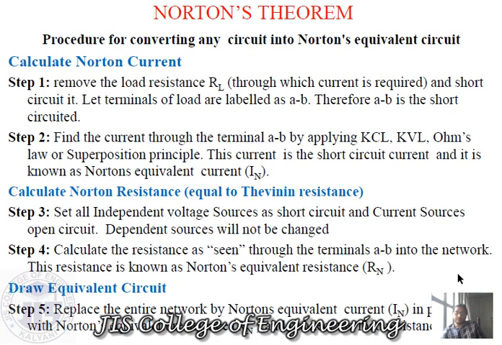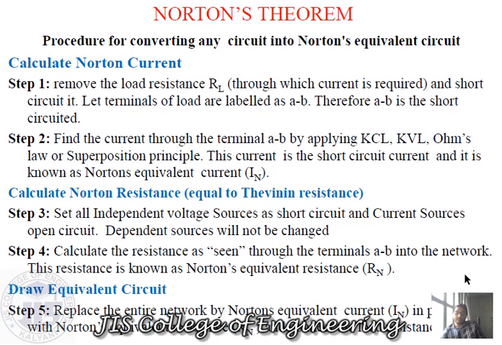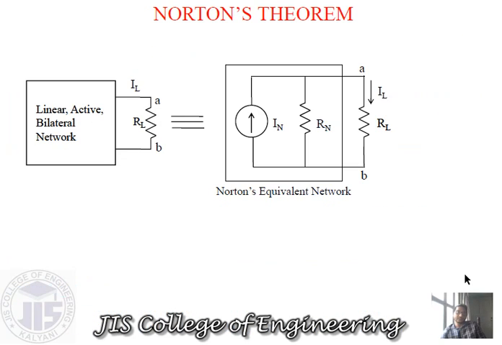Now we are going to have a circuit. Suppose this is our complicated bilateral active network, and this is our load resistance, and our final equivalent circuit will be changed to this type of simpler circuit, where this box portion is the overall circuit.